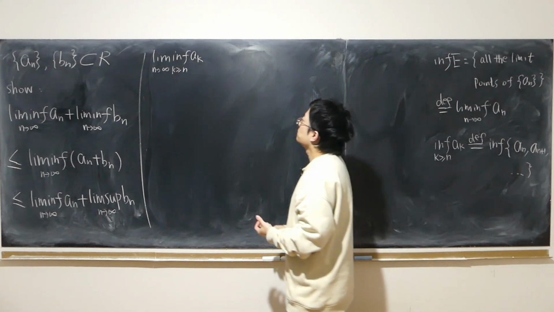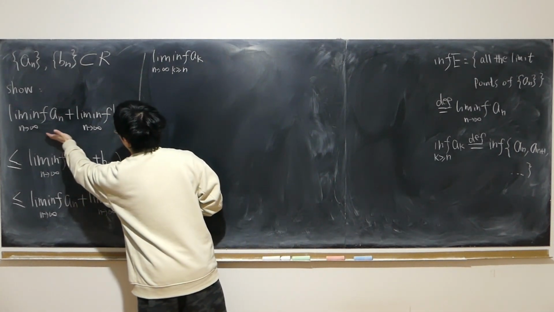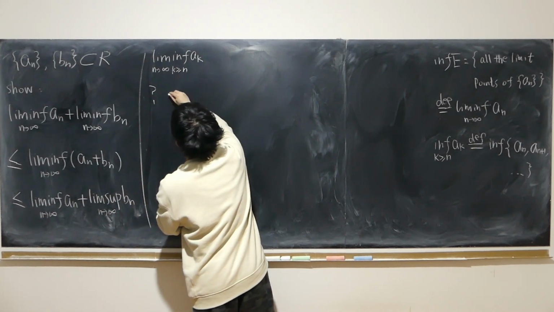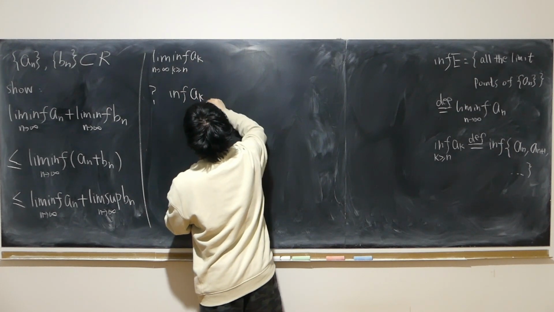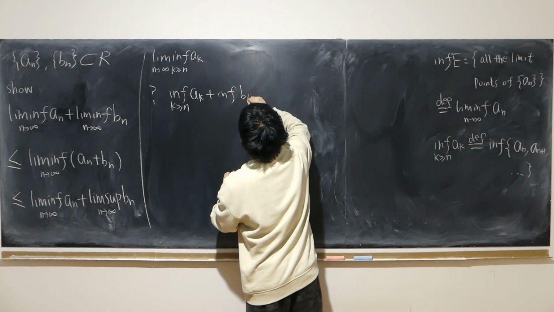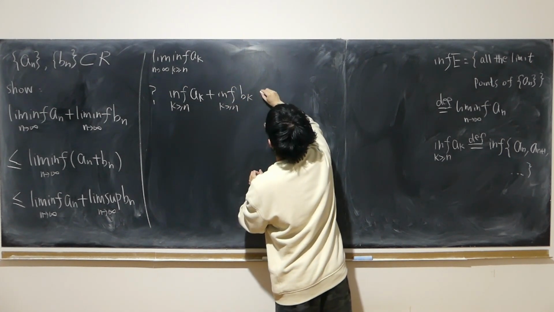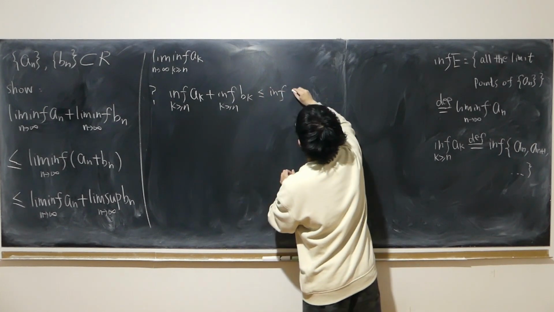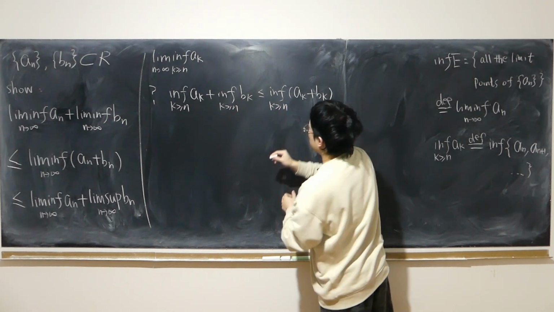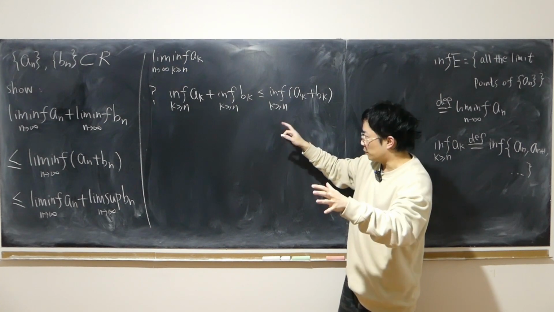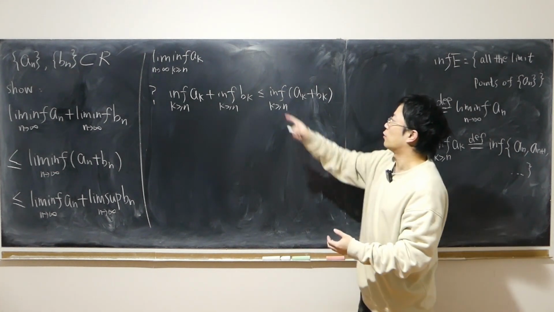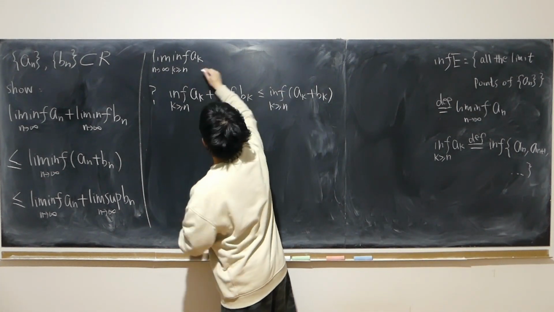Also, in order for us to prove this inequality, all we have to do is first prove: is infimum of ak plus infimum of bk less than or equal to infimum of ak plus bk? As long as we can prove this, then we take the limit on both sides, and they automatically hold true according to the definition of liminf.